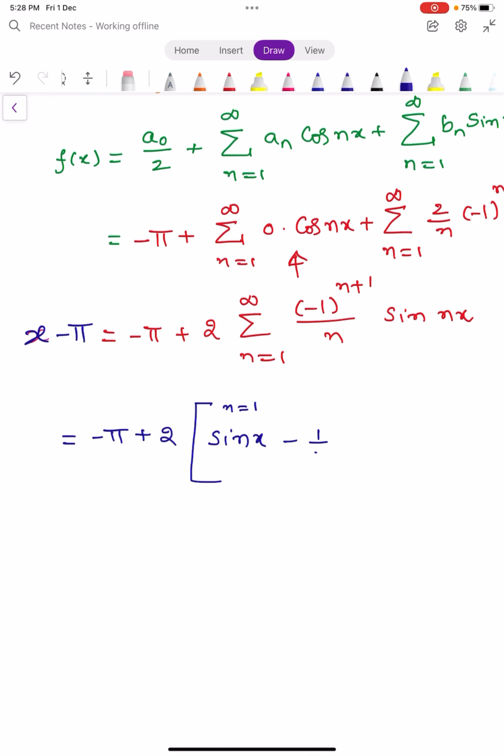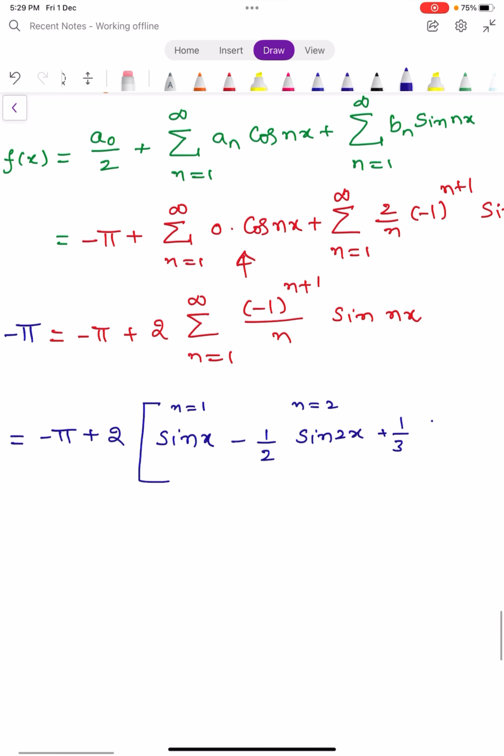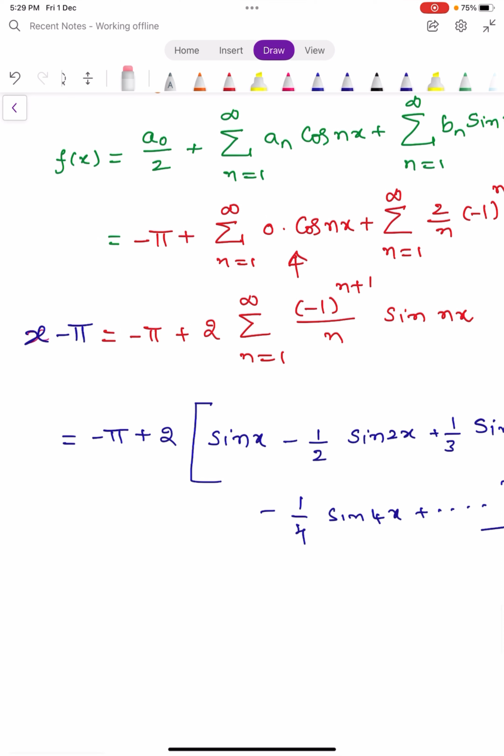Minus, for n is equal to 2, 1 by 2 sin 2x. And for n is equal to 3, we get 1 by 3 sin 3x. I think you can understand now. Minus 1 by 4 sin 4x plus, and so on. This is the required Fourier series for the given function f of x is equal to x minus pi. That's it.